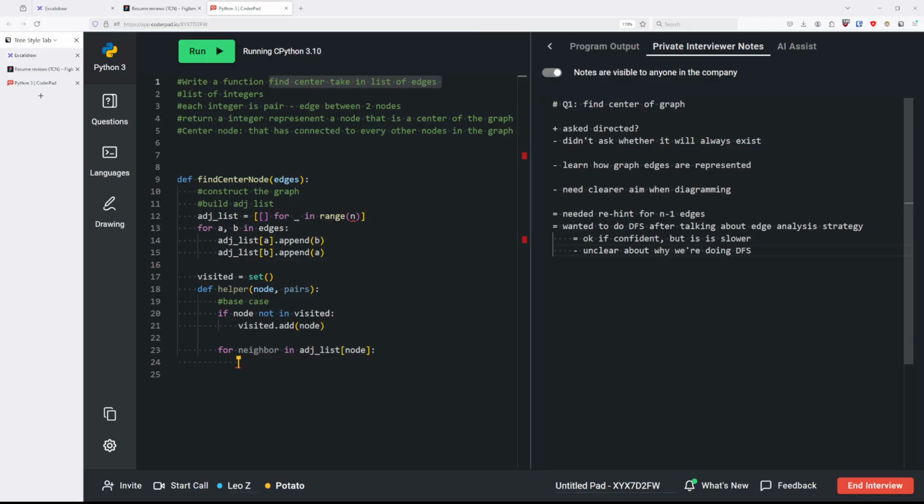So why are we doing DFS? What is the goal of the depth first search? What are we searching for? We're searching for all of the paths in the graph, right? If we start from one node, we can go as far as possible in the graph. Yeah, but what are we searching for?